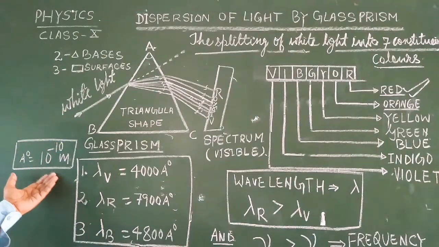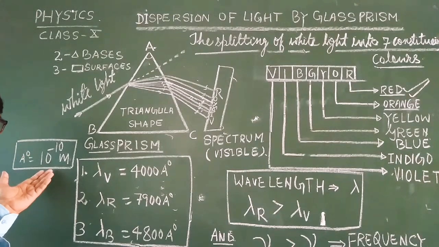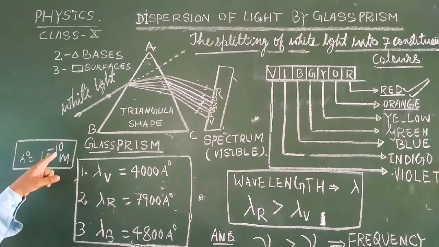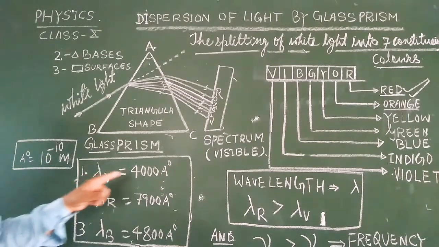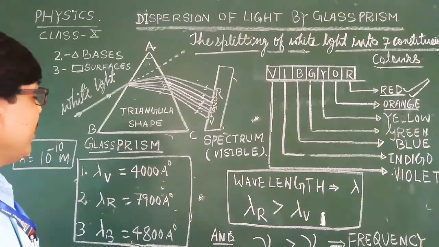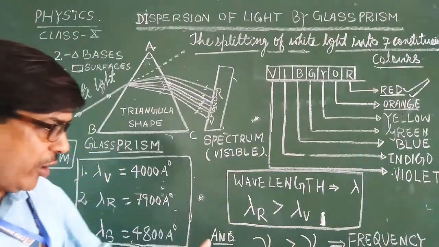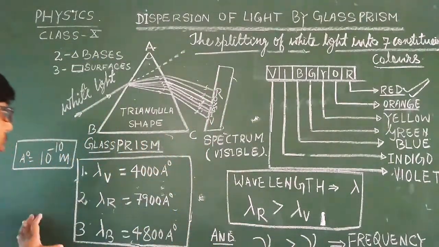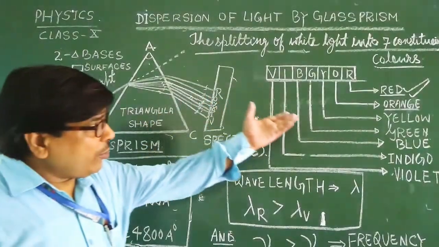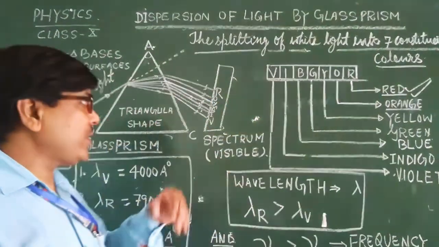Angstrom is a unit of length, with the symbol 10 to the power minus 10 meter. The unit of wavelength is meter, and the unit of frequency is hertz. So the speed of red color becomes maximum in all these cases.